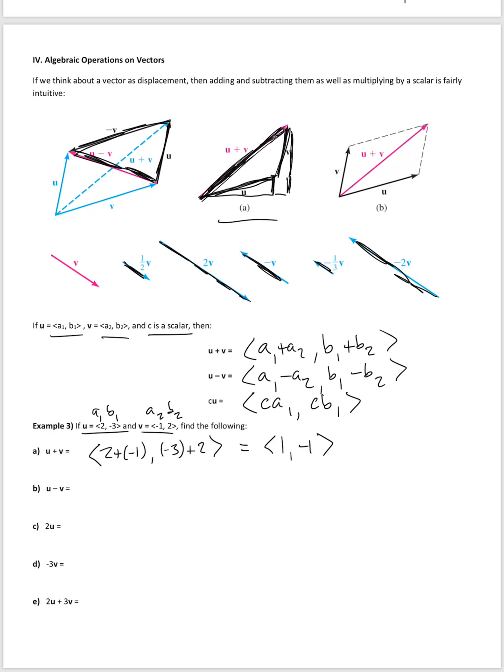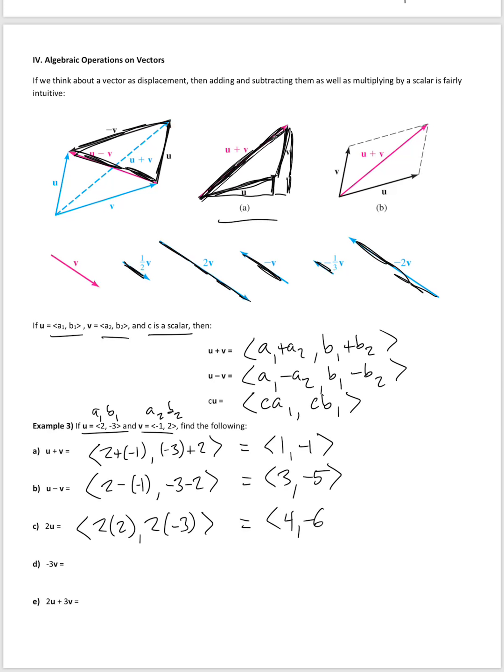If we look at u minus v, that's a1 minus a2 and b1 minus b2. 2 minus negative 1 is 2 plus 1, which is 3. And then negative 3 minus 2 is negative 5. 2 times u. So here I'm taking a1, I'm multiplying it by 2, and then multiplying b1 by 2.